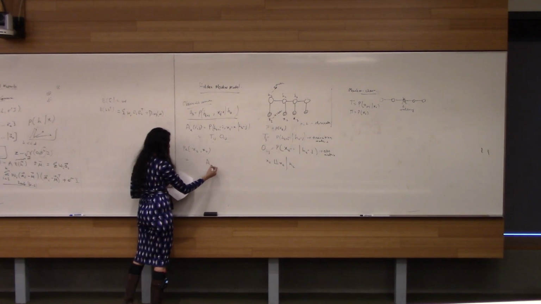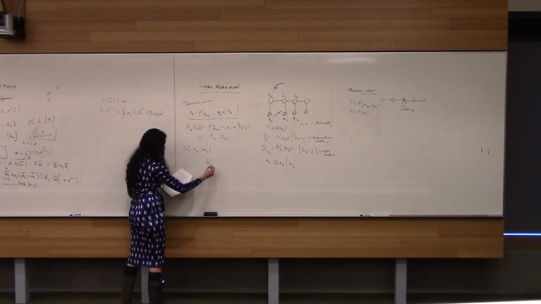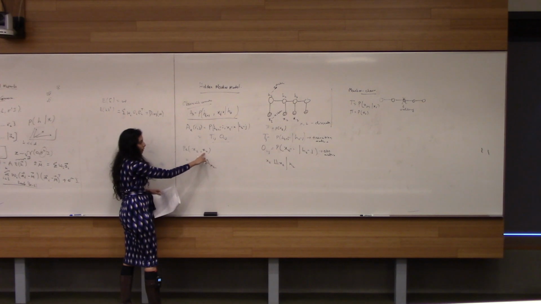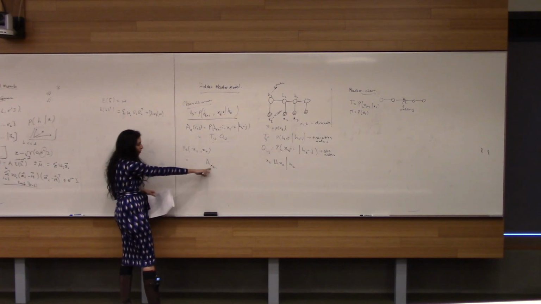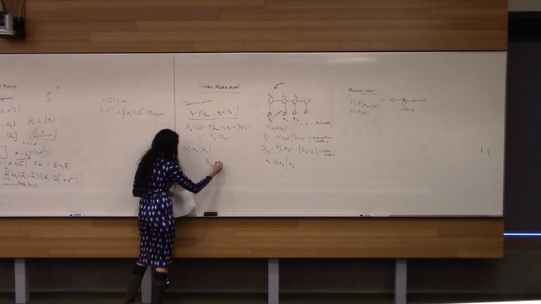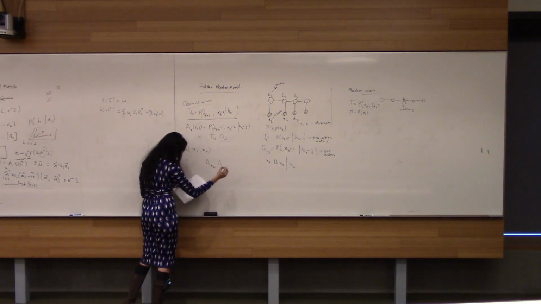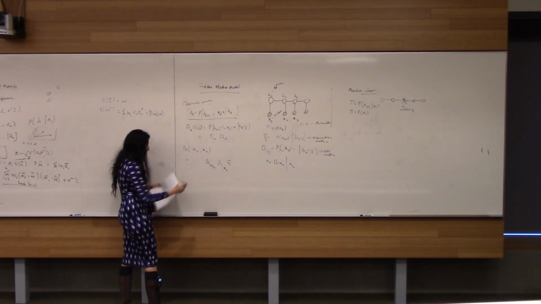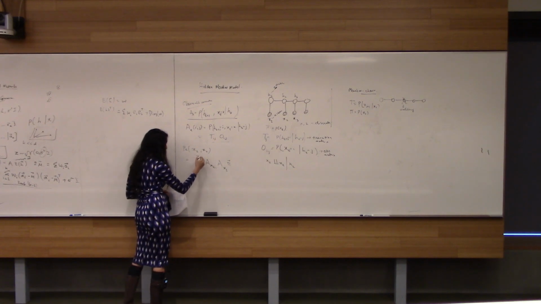So we'll have AX2. This is the probability that the random variable x2 took value x2, so I'm slightly abusing the notation here. Same with x1. Recall pi was the marginal probability of x1, and we have the all ones matrix here.